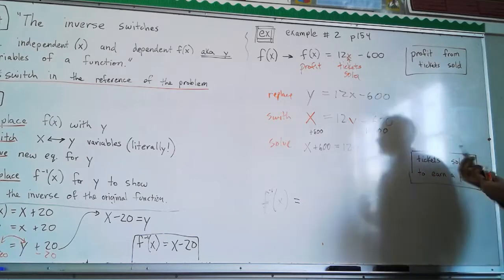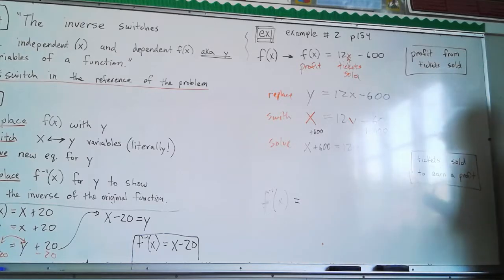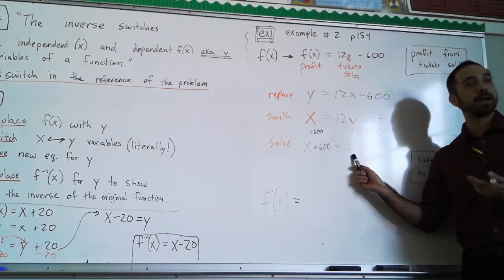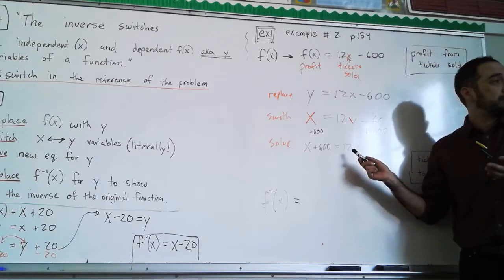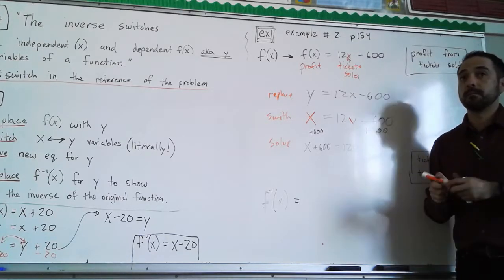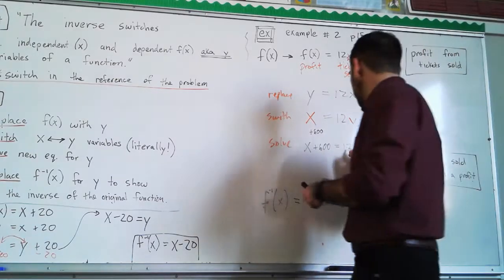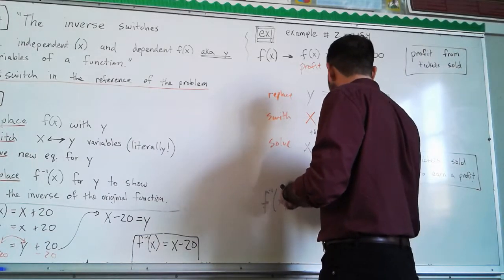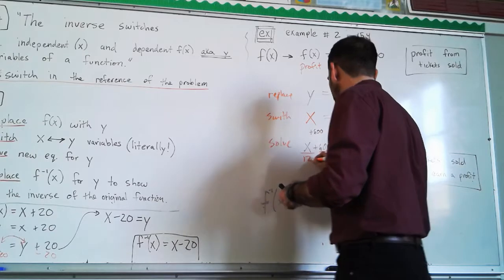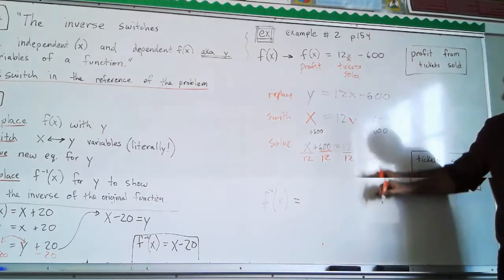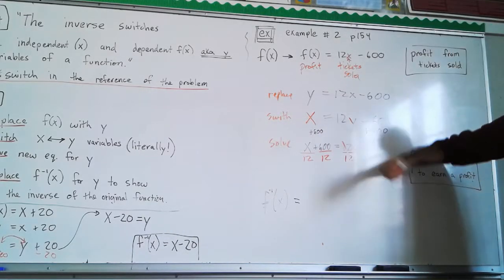Good. It's 12 times y. To get rid of that 12, instead of multiply, divide. Do it there. 12 over 12 allows me to cancel that out. Now I have y left over on the right.